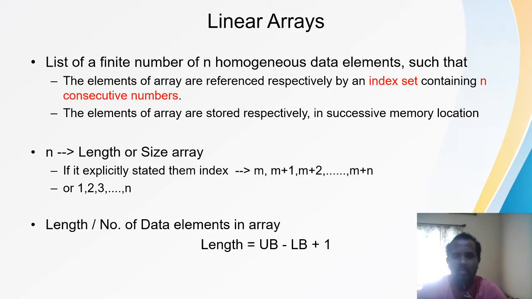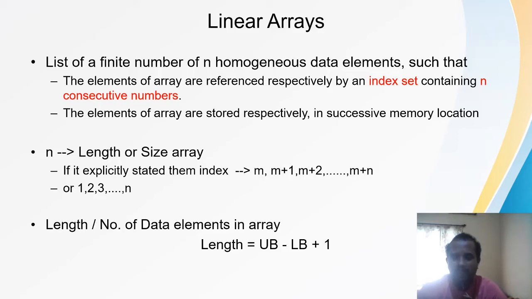What about the length or the size of the array? The length or the size of the array is represented by n, and it is not restricted that the index should be from 1 to n only. Let us say that I am starting the index from m, then my index will be m plus 1, m plus 2, up to m plus n.